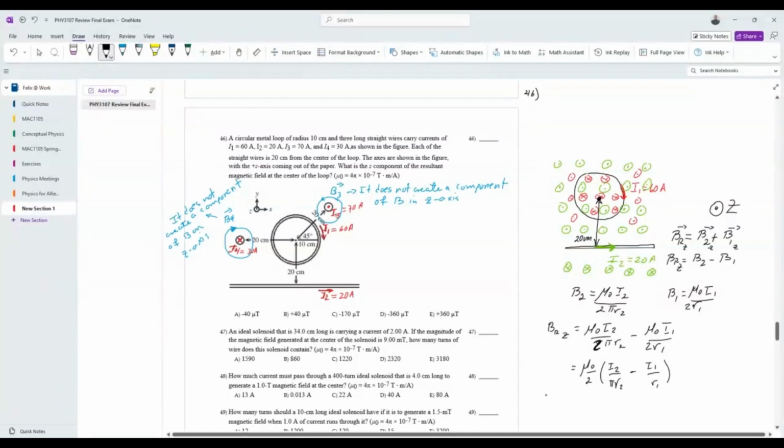So you want to calculate this now. What is mu sub 0? 4 pi times 10 to the negative 7 Tesla meters per ampere over 2 times, the current 2 first, is 20 amperes over pi times r sub 2, that is this distance, 20 centimeters. 20 centimeters is 0.2 meters.